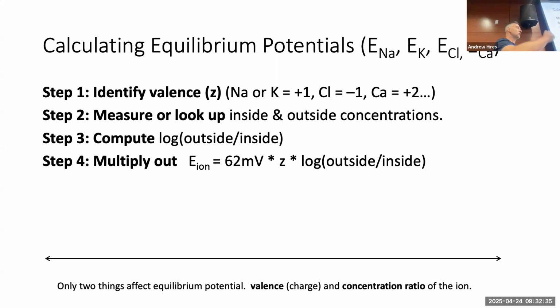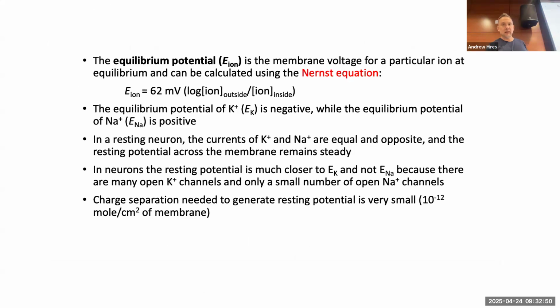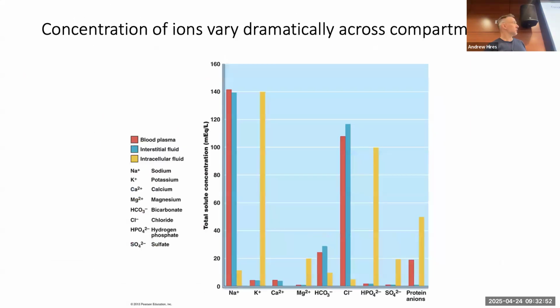Each ion dissolved inside and outside of the cell has its own equilibrium potential, because each ion has a different concentration outside and inside the cell.